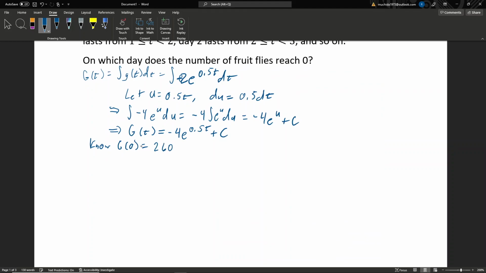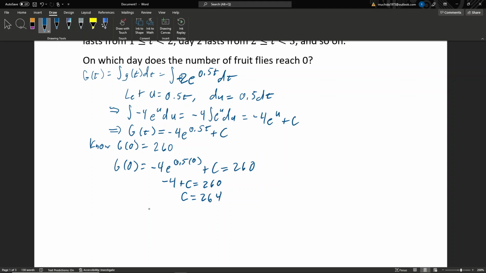So plugging in 0 for our t, g of 0 is negative 4 e to the 0.5 times 0 plus c equals 260. 0.5 times 0 is 0, e to the 0 is 1, negative 4 times 1 is negative 4, so this would be negative 4 plus c equals 260. Add 4 to both sides, we get c equals 264.